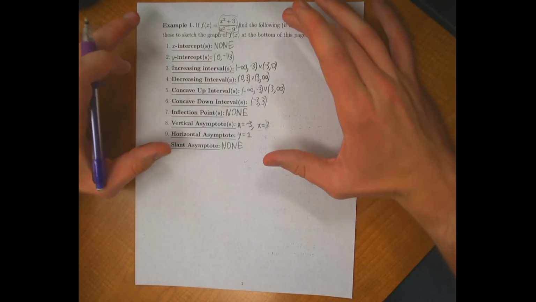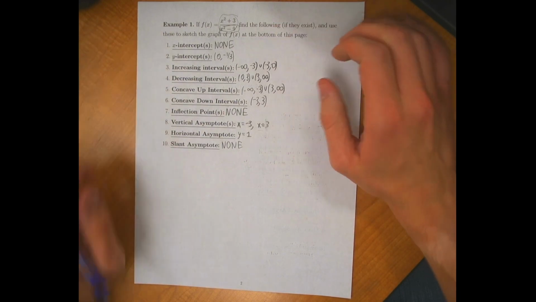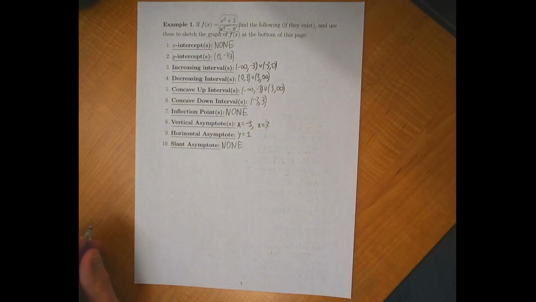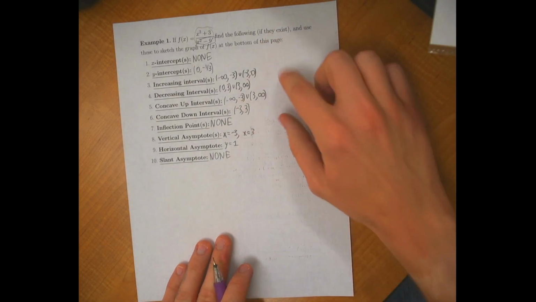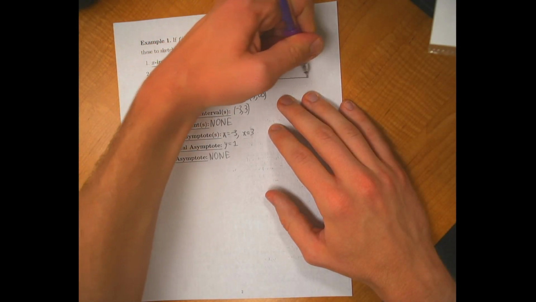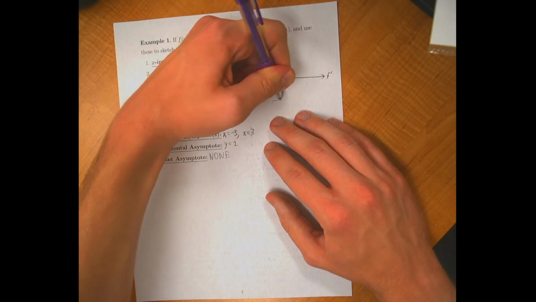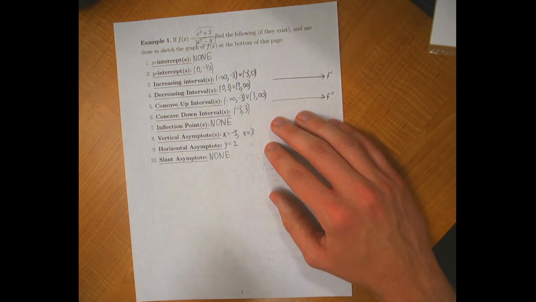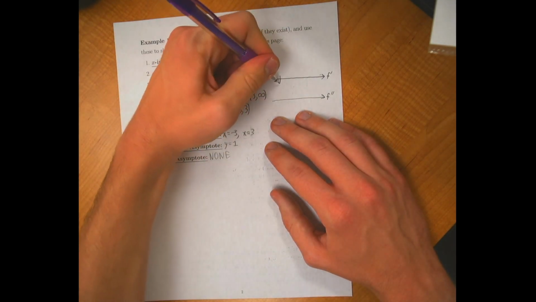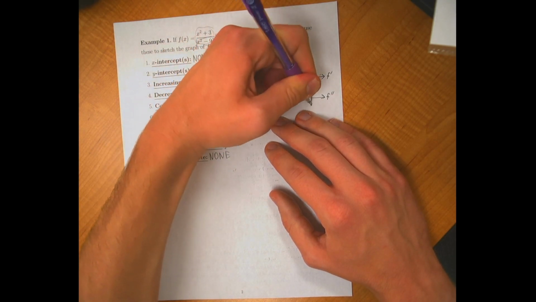Now we have all the answers filled in here, so let's use this to sketch a graph. We're going to bring back our number lines for our increasing, decreasing intervals, as well as our concavity intervals. So we got -3, we got +3, and we got 0.